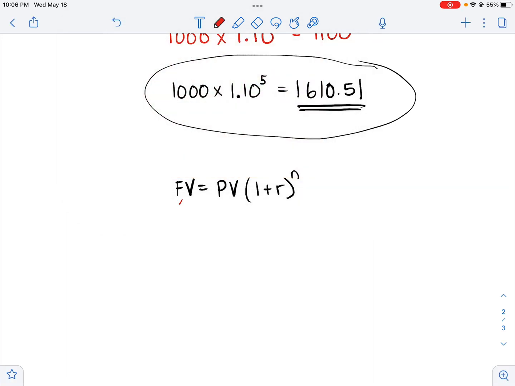And you could see different variables. So this means like your future value. So what's the amount you're going to have at the end of your investment? This is like your principal, or they call it present value. How much do you have when you're starting? So like your $1,000 investment.